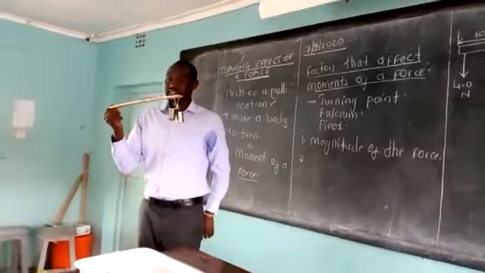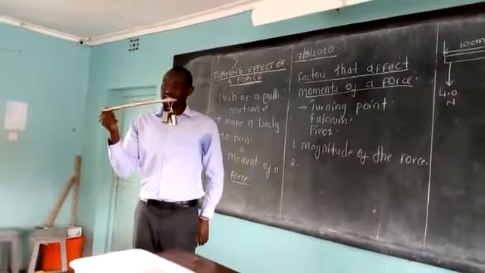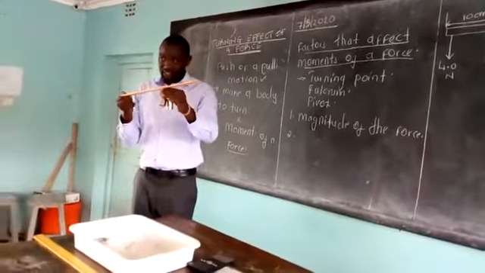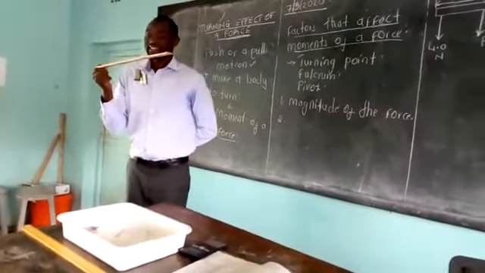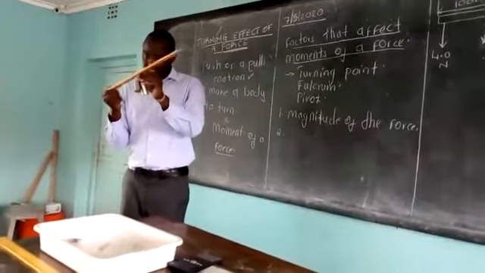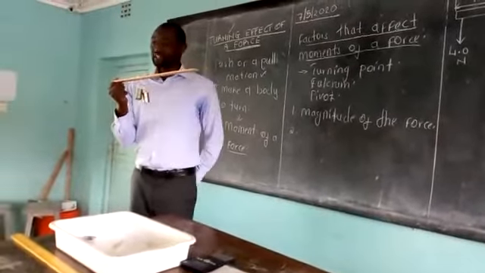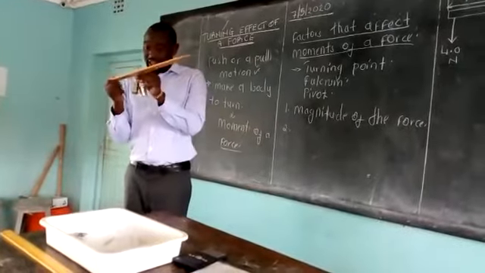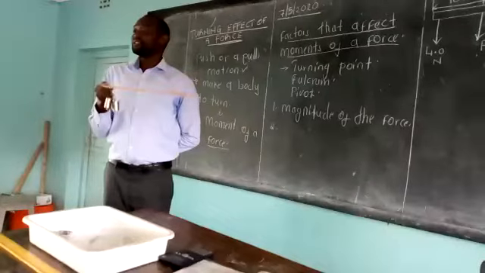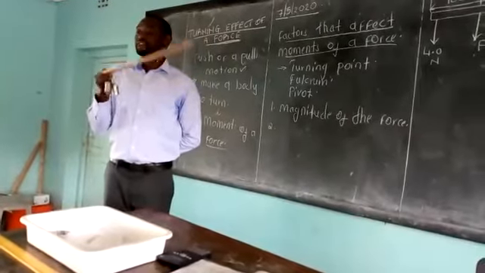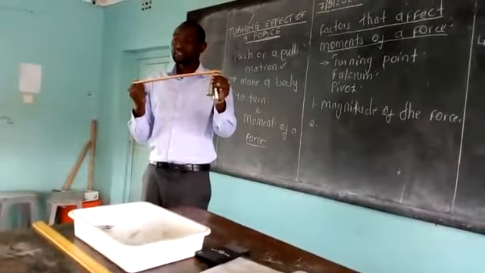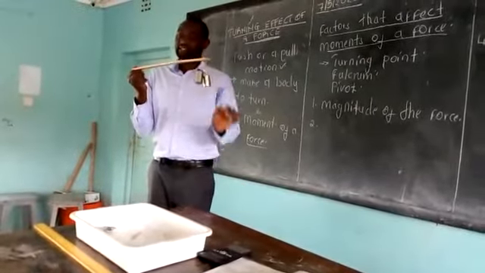At that point, the turning effect is high. As I bring this force closer, the turning effect reduces. As we reduce this distance, the turning effect reduces. And if I bring this force so close, I'm almost feeling no turning effect on this half-meter rule. But when we increase the distance, the turning effect increases.